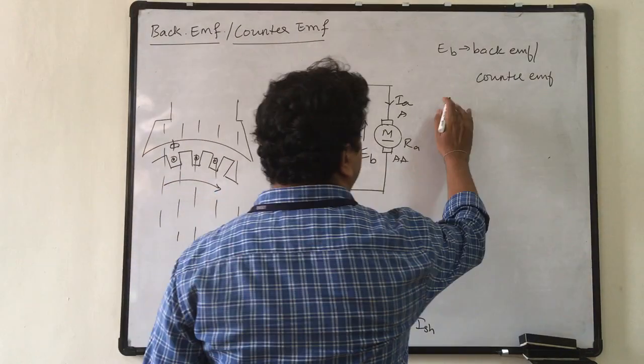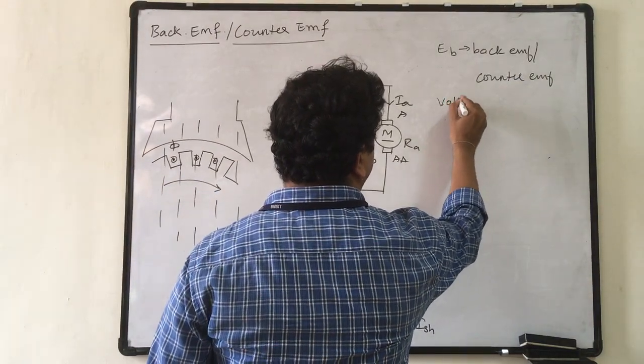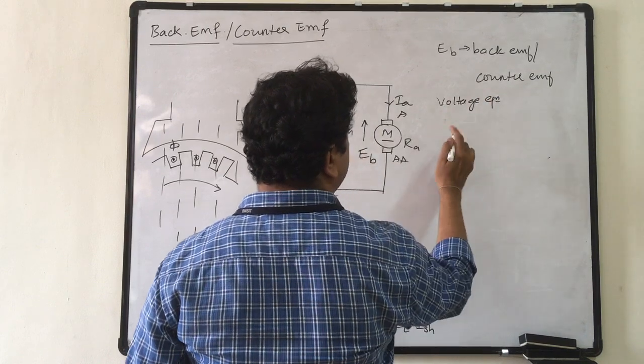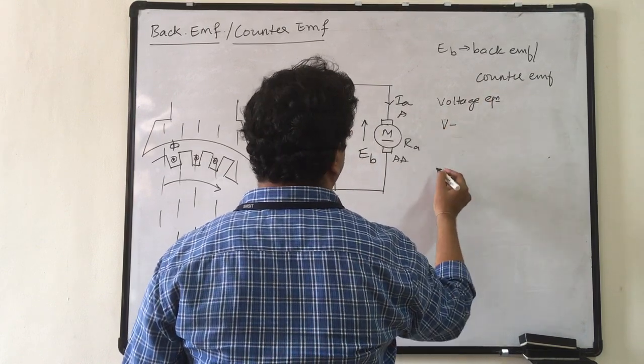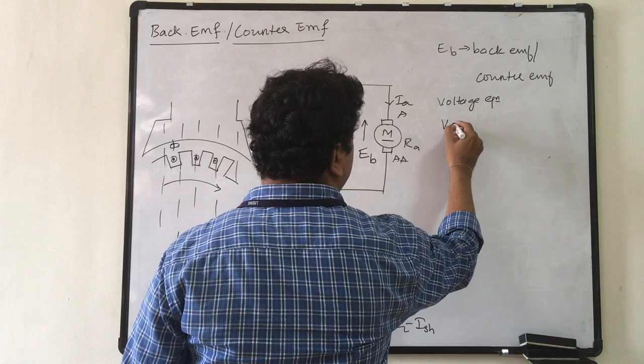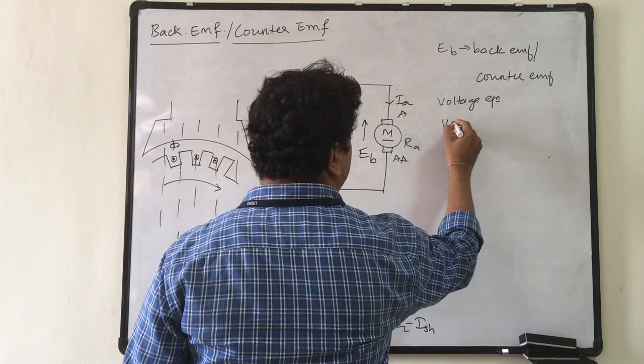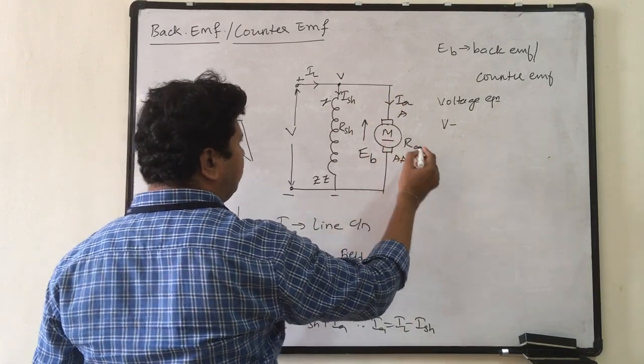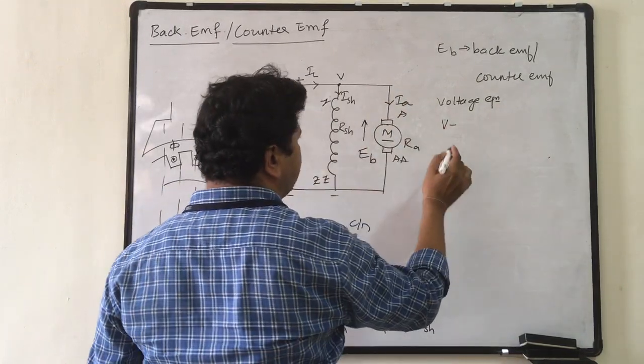Now the voltage equation is given by V. Now apply KVL here. IR drop is there. All the voltages are drops.